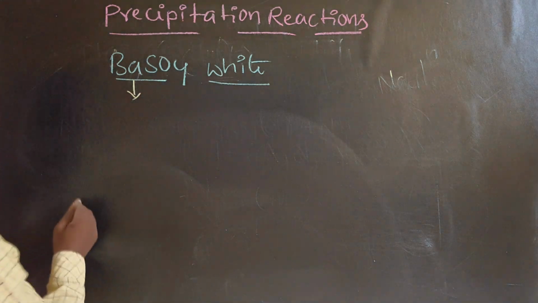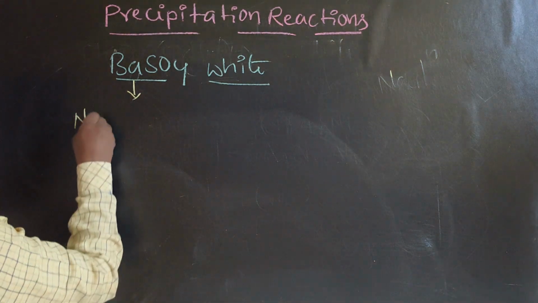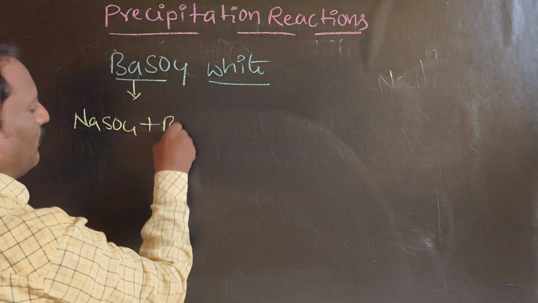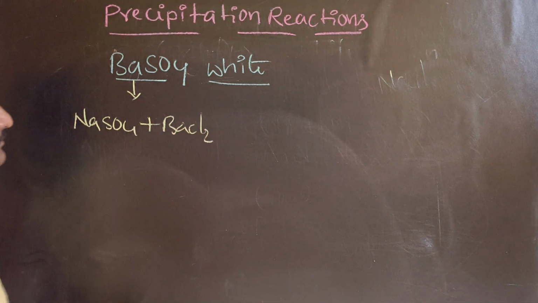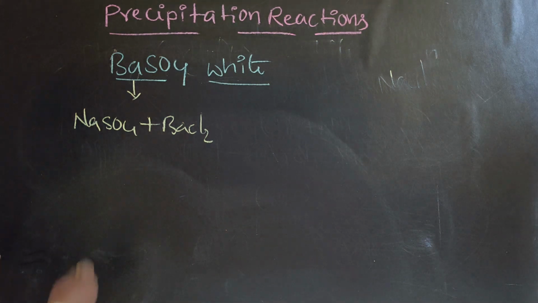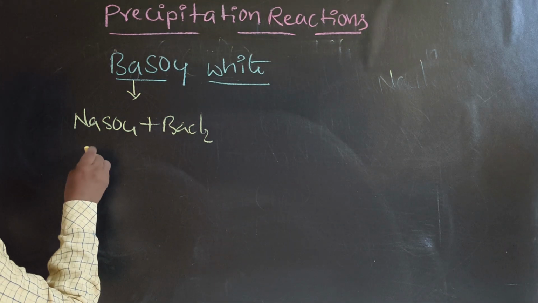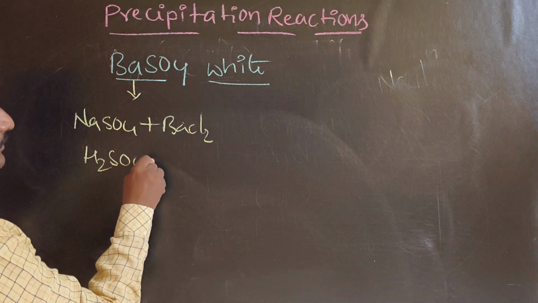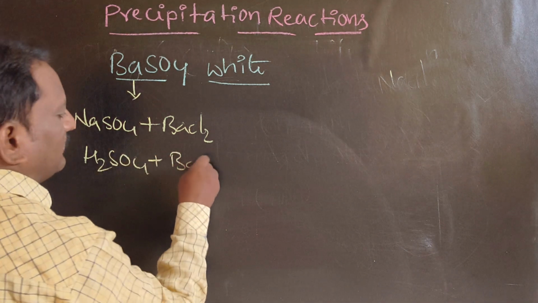Barium sulfate is obtained by the combination of sodium sulfate with barium chloride. Next, sulfuric acid with barium chloride.